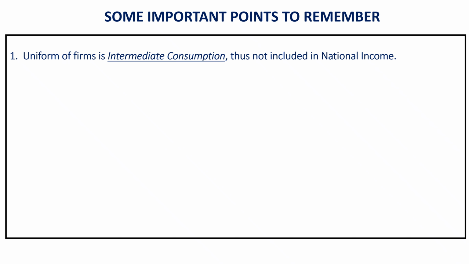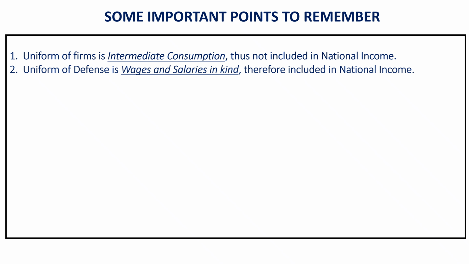For example, uniform of the guards, of doctors, of nurses, of the fire department, of the coal miners, etc. All these are considered intermediate consumption and is not included in national income. On the other hand, uniform of defense is a part of wages and salaries in kind and therefore included in national income.